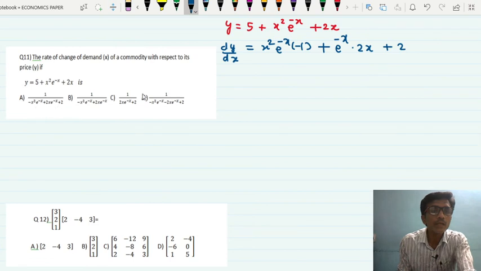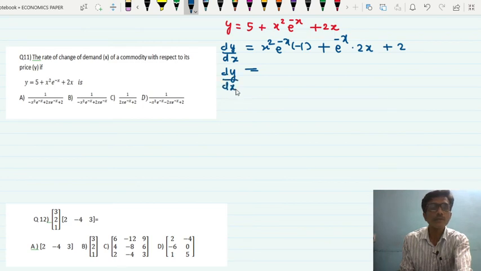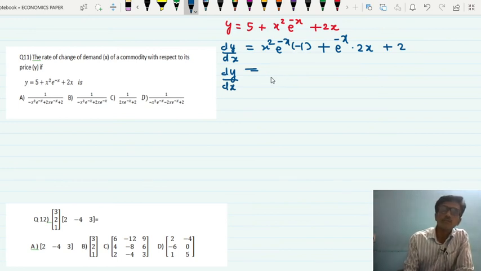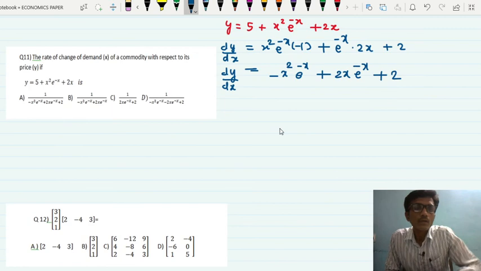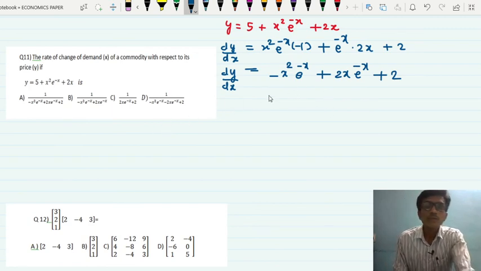Now as we required here, we can rearrange the terms. dy by dx is equal to minus x square e raised to power minus x, plus 2x e raised to power minus x, plus 2. Now we required what? Rate of change of x with respect to y.